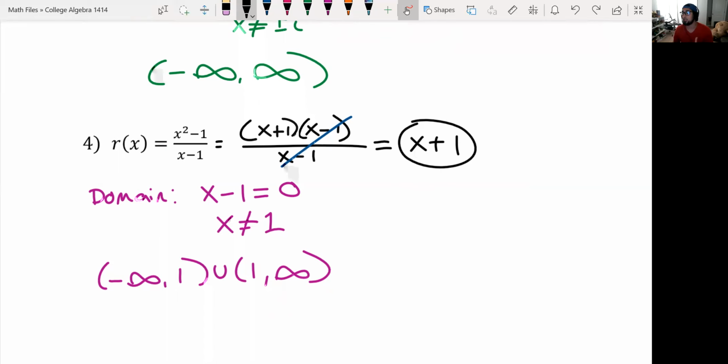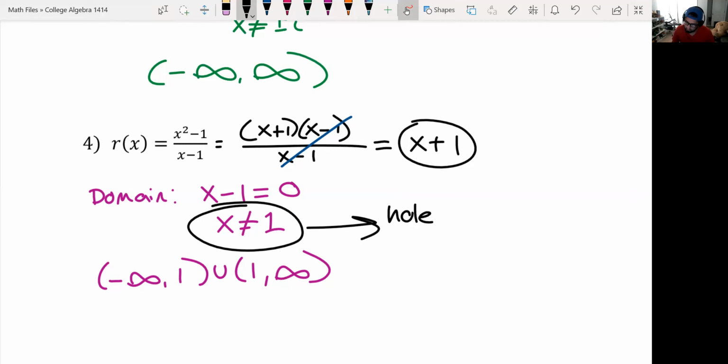So once we get into vertical asymptotes, or asymptotes in general, if you ever cancel out part of your denominator, then this value of x equal to 1 becomes a hole in the graph.